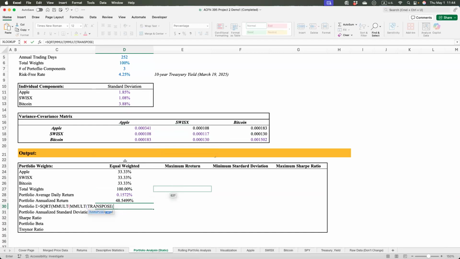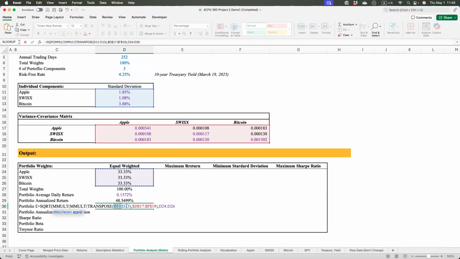First, we're going to transpose the weights, close the parenthesis, comma, and we use that to multiply by the variance covariance matrix here. I'm going to lock this one because when I copy this to the right, we will let the weights change, but we do not want to change the variance covariance matrix there. Close the parenthesis, comma, we're going to multiply by the actual weights vector again. Again, we will let this change.